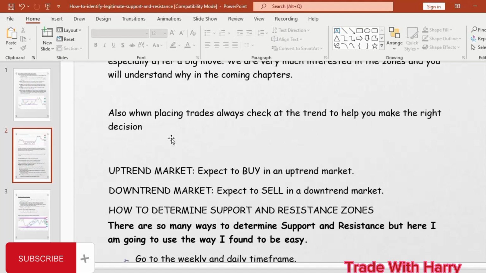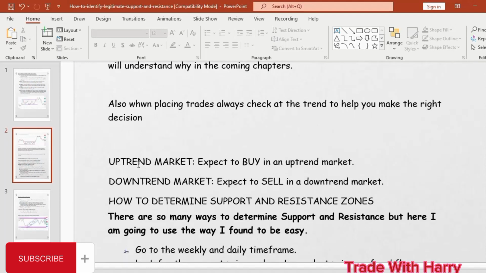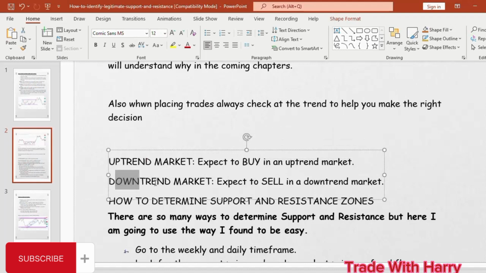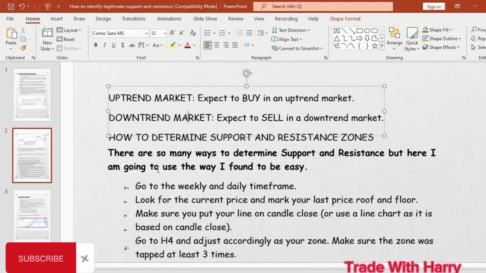When the market is in an uptrend and you have identified the support and resistance zone, it is accompanied by other things like candle behavior and market structure, but for now we are focusing on support and resistance. You will accompany it with other confluences in the market. So when the market is in an uptrend, please buy. When it is in a downtrend, please sell, because the market will respect this support and resistance zone.